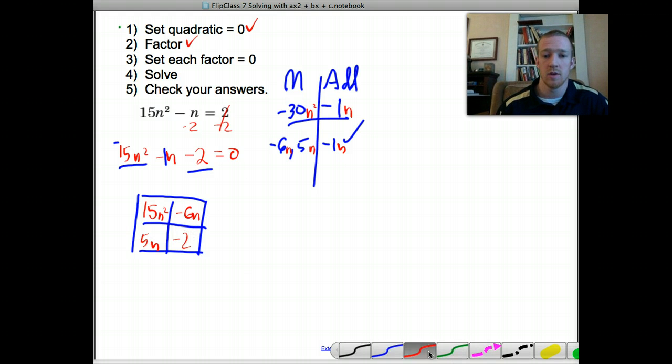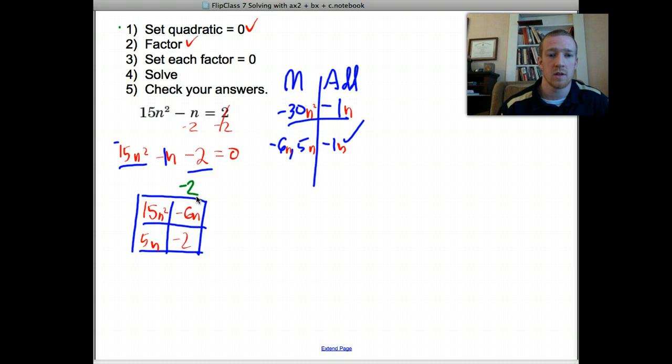So then what we're going to do is factor each. A negative 2 comes out of this. Out of these we can get a 5n. Out of these we can get a 3n. And out of these there's no common factor, so it's just a positive 1.